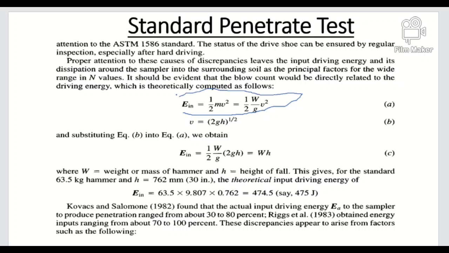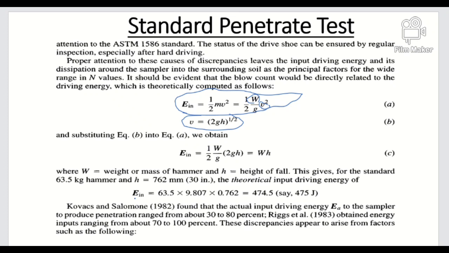Here E is equal to half m v squared, and v is equal to root over 2gh. So we know the weight, and we can calculate the velocity, and then we can calculate the energy, how much energy per blow is applied on the SPT rod.